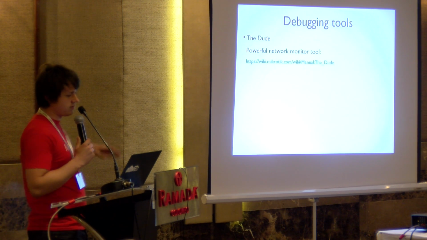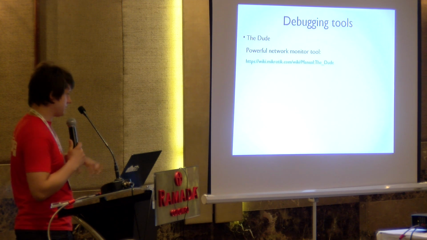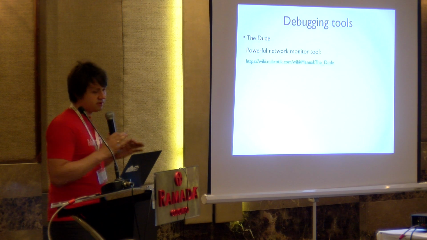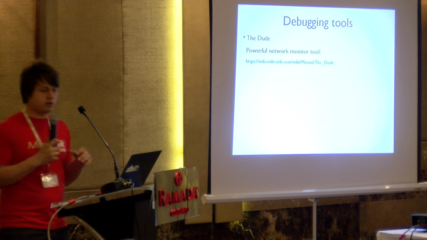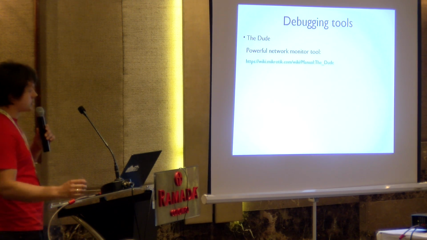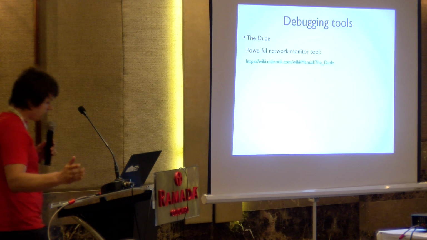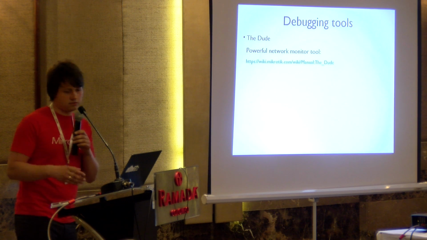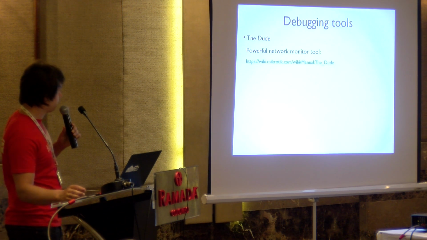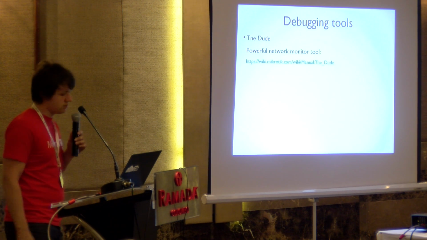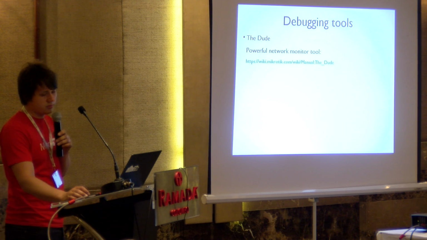When installed, it will automatically scan specified networks and add devices to the live map. It can show SNMP data, it can show the router's data, it can notify you about problems and so on. So there are a lot of features available, and you can also check the Dude manual.